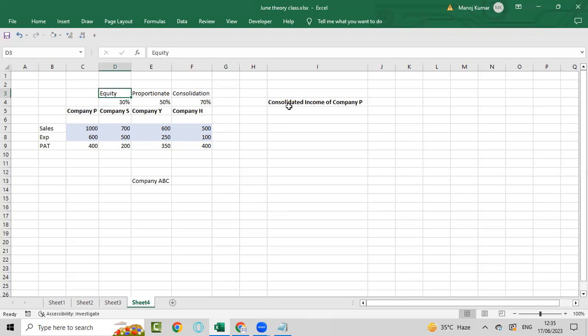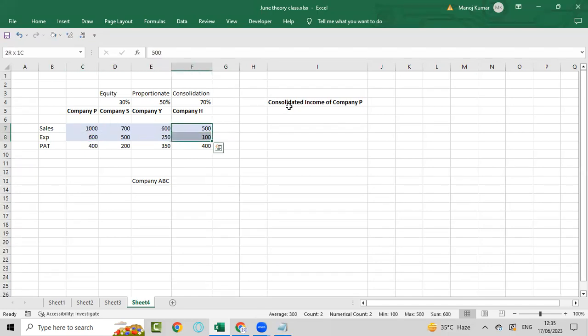Okay. So in this case, I will use equity method. I will simply add the profit of company S into P, and that will be called equity income from associate. In case of joint venture, 50% of sales and 50% of expenses will be added to company P. So sales 50%, expense 50%, automatically 50% profit added. Clear?